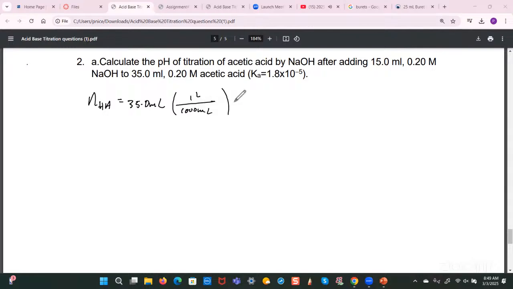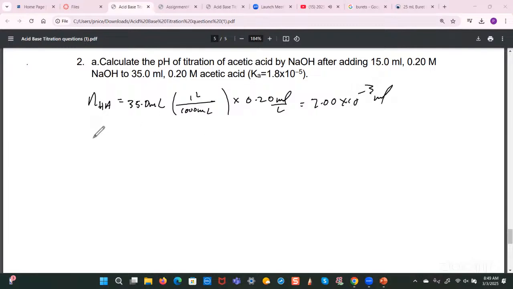And then multiply by 0.20 M, mole per liter. Let's see what that gives. 35 times 10 to the minus 3 times 0.2. I got 7.00 times 10 to the minus 3 moles, right?